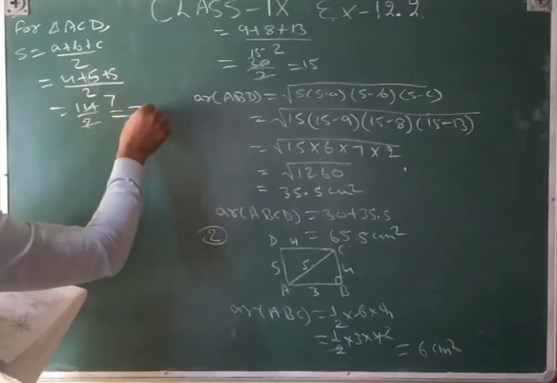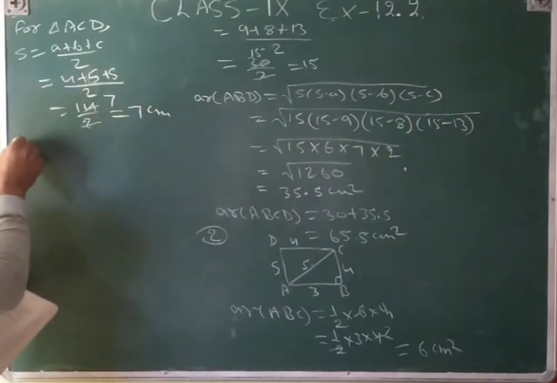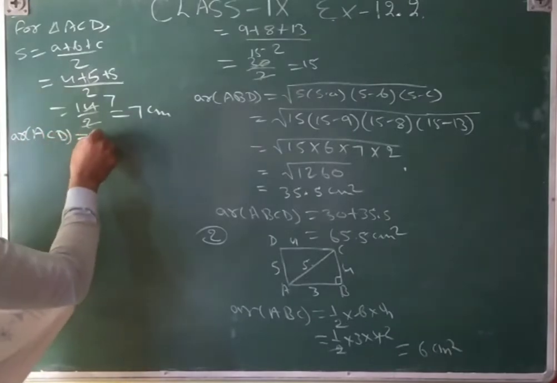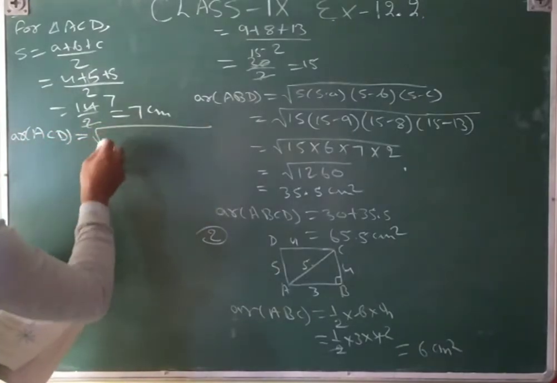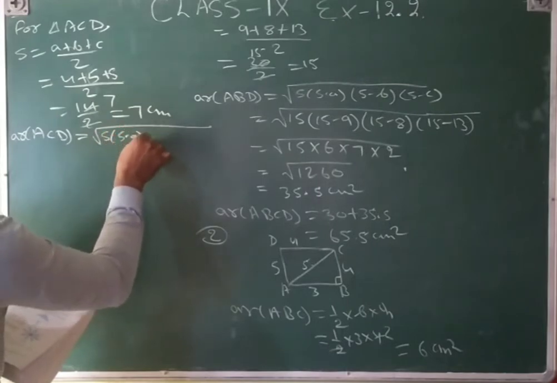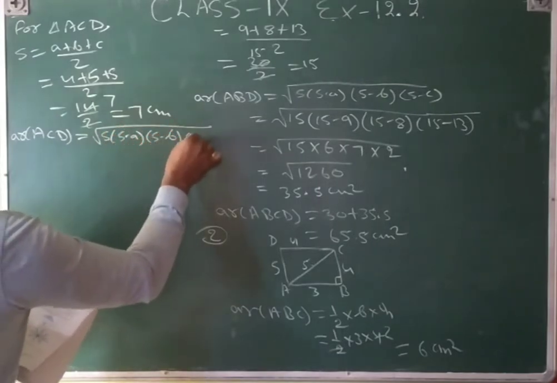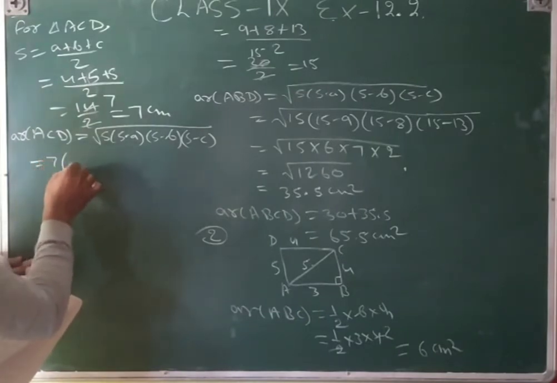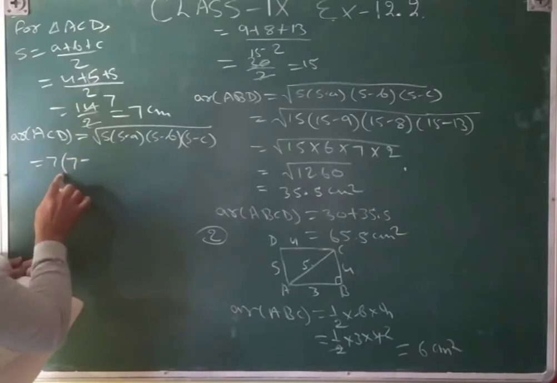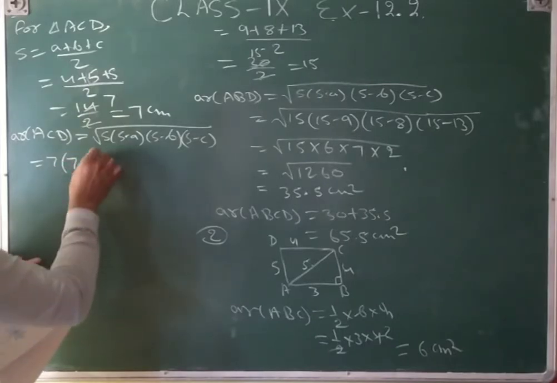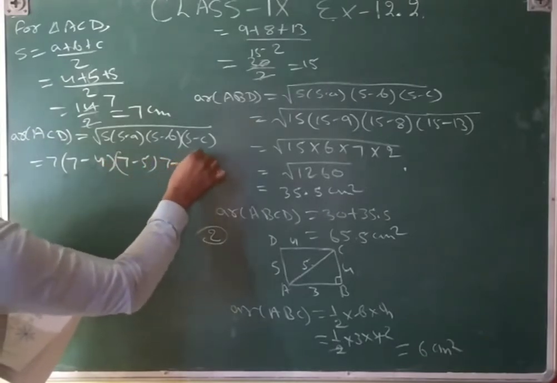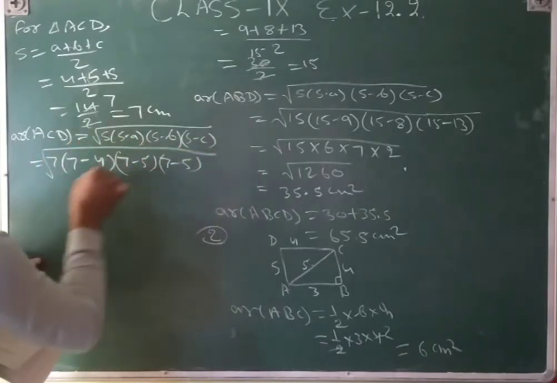So that is 7 centimeter. Now area ACD is equal to under root S into S minus A, S minus B, S minus C. Now S is 7, 7 minus 4, 7 minus 5, 7 minus 5, all in under root.